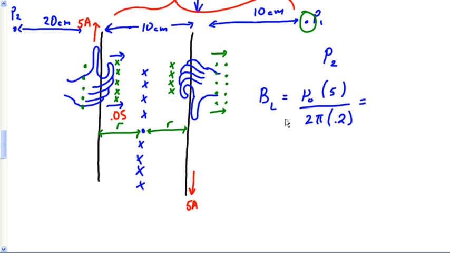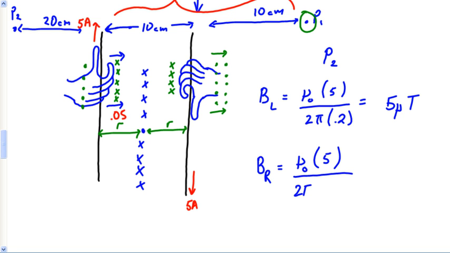When we did the math on that, we came out with 5 microteslas. And then B for the right wire would be mu O, 5 amps as well, over 2 pi. And if you look, the right wire is a total of 30 centimeters away from point P2. So I'm going to break out my calculator and punch that in real quick.